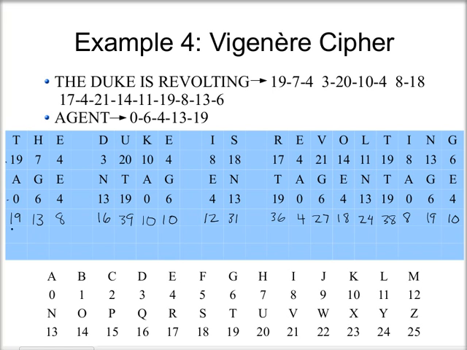Now in my next row, I'm going to find what these numbers are, mod 26. Anything that is smaller than 26 is going to stay the same.